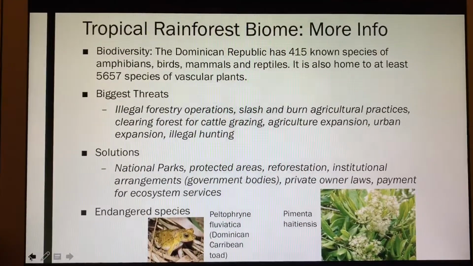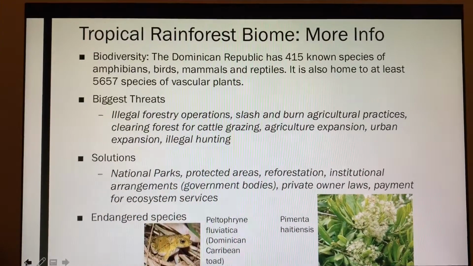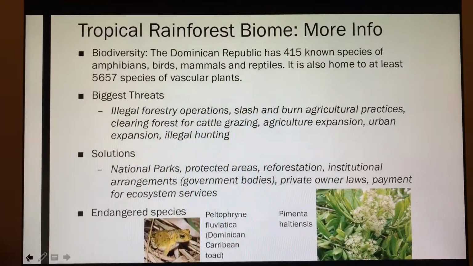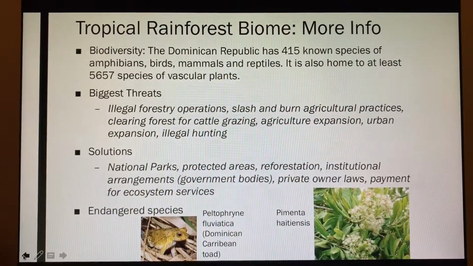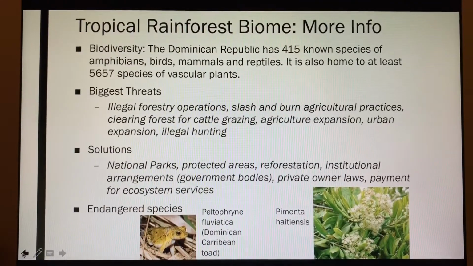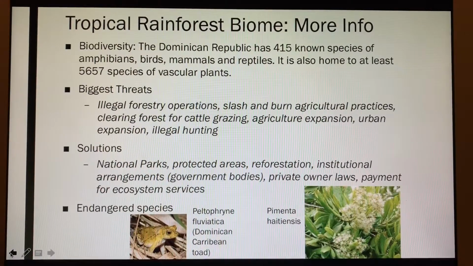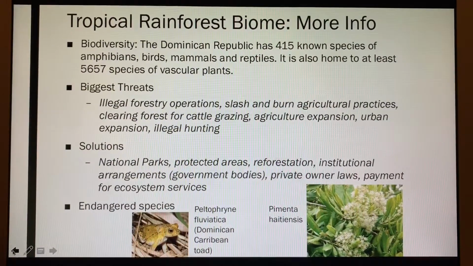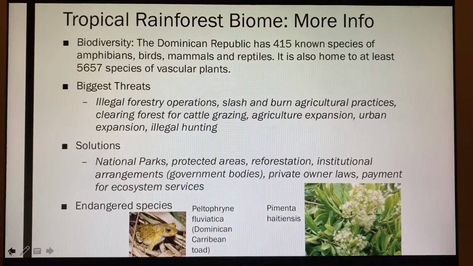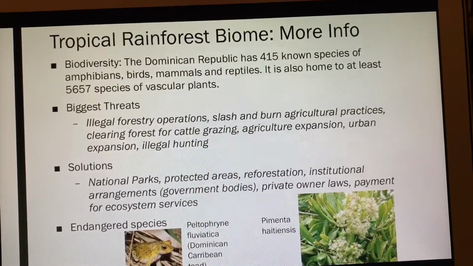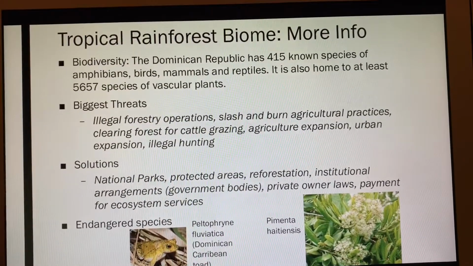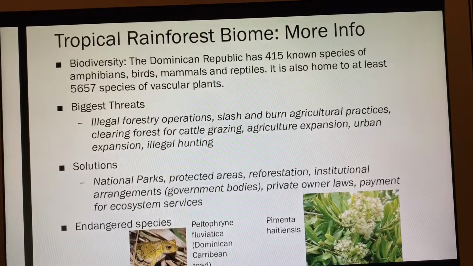So, more information on the tropical rainforest biome. Biodiversity: the Dominican Republic has 415 known species of amphibians, birds, mammals, and reptiles. It is also home to at least 5,656 species of vascular plants, and that's a good ratio, which means that there are enough plants and food for the animals and mammals.